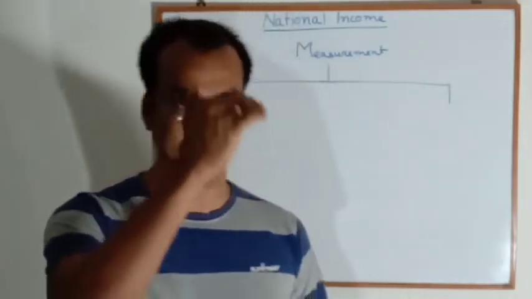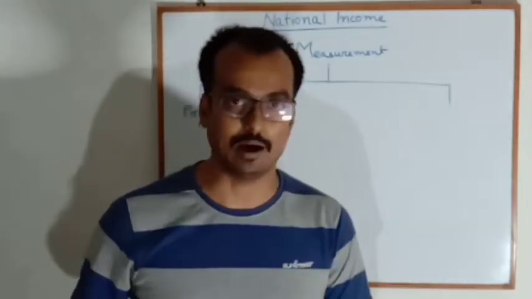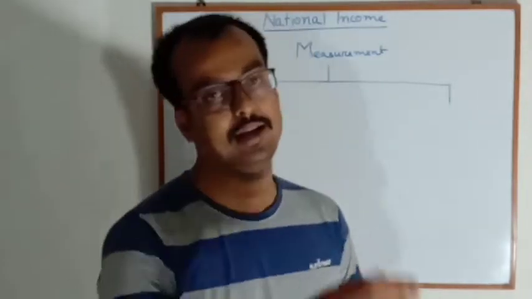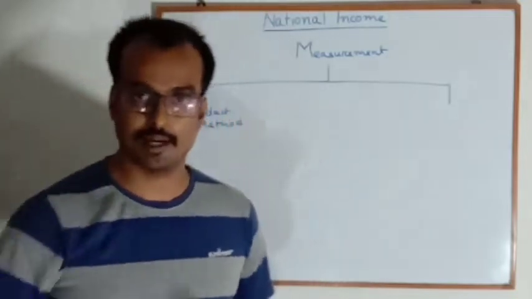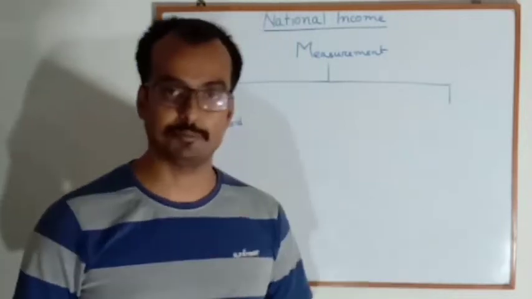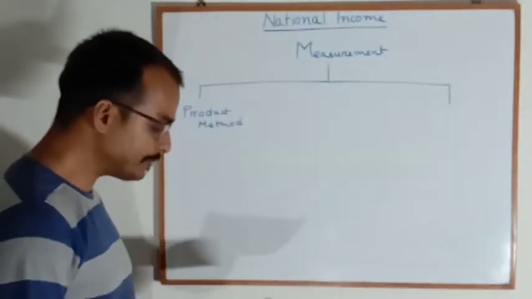Up to a mark I'll be coming, and after that when we get an NDP, from NDP how you go to national income, that thing I have already explained. So repetition is costly for us because it takes time. We have to finish it within time. Okay, so what are the steps?